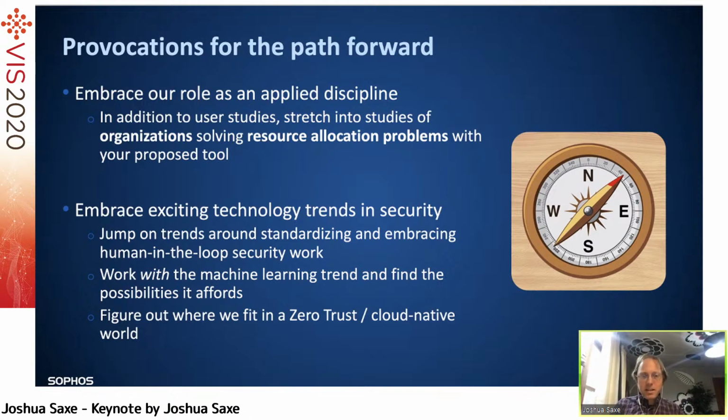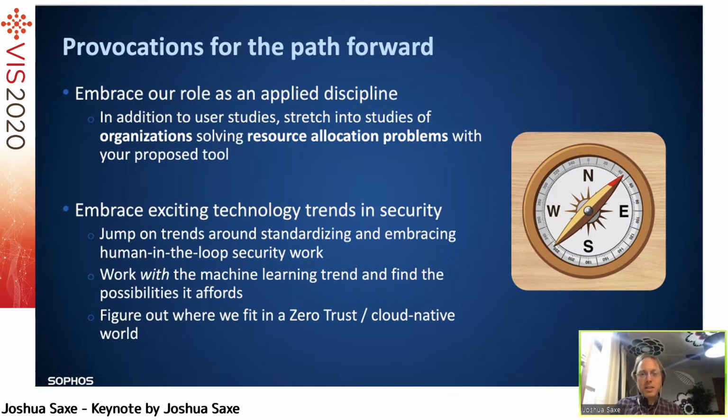I also think it's essential to embrace the technology trends going on in the IT landscape as a whole and in security. Work presented in fora like VizSec tends to get operationalized downstream 3 to 5 to 7 years later.